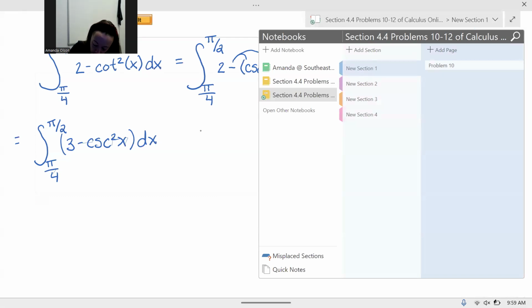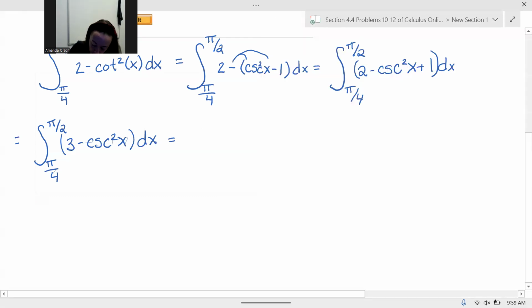So here we have the antiderivative of 3 is 3x if we're integrating with respect to x. And then for cotangent, this is going to be minus the antiderivative of cosecant squared, which is a negative cotangent x.